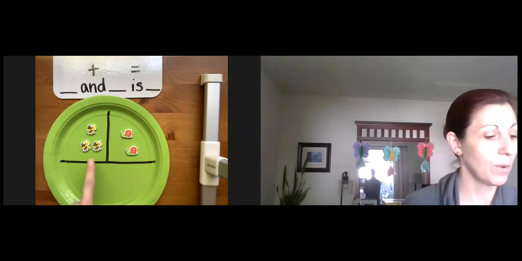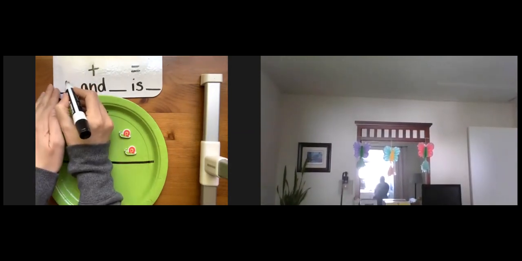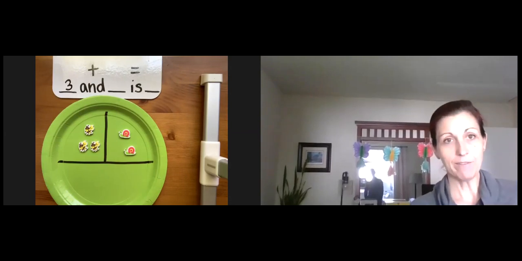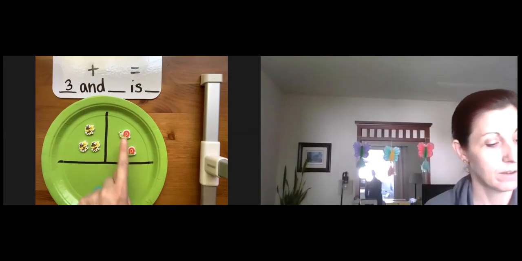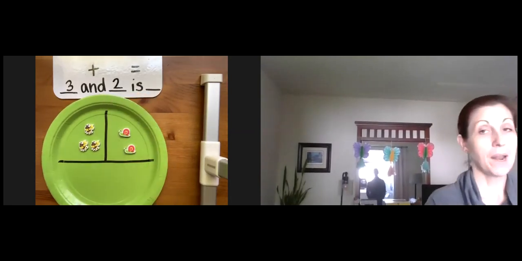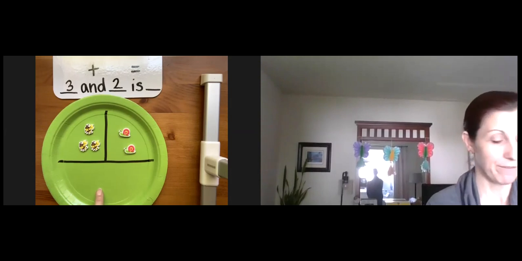So I'm going to start with my bees. Part of my leaf is covered with 3 bees, and part of my leaf is covered with 2 snails. But I want to know how many are on the whole leaf.